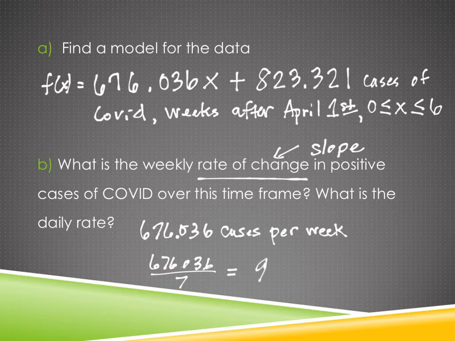You get 96.576, and then there's something else after that I think that's going to make it 7. Is it going to make it 7 when we round up? Yeah, and then this would be cases per day. So awfully close to 100, 100-ish almost cases per day.